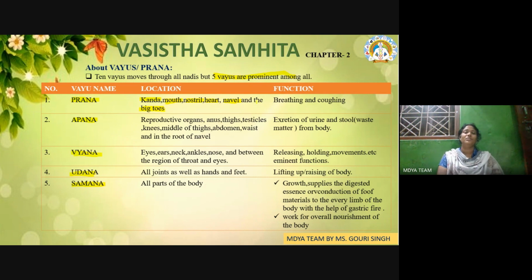What is the function of the prana here? Breathing, whenever you are inhaling and exhaling, is possible because of the prana. And coughing is also a function of the prana.